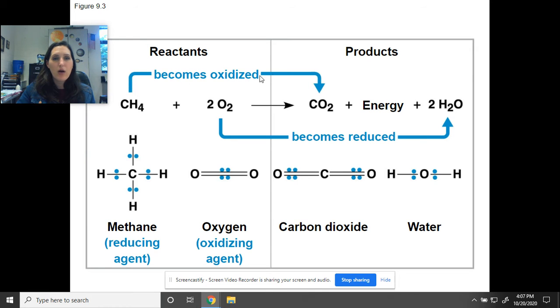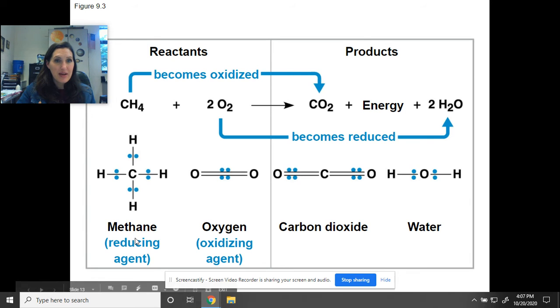So it becomes oxidized because it loses those hydrogens. Oxygen becomes reduced because it gains the hydrogens. Remember, reduce, we gain more negative. It's not a negative charge, but it's gaining more hydrogens, and those are the same things as electrons.